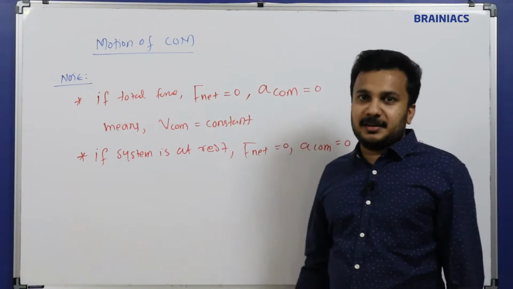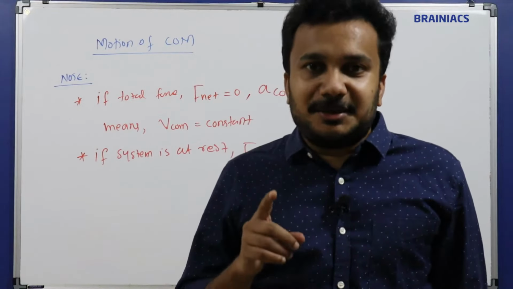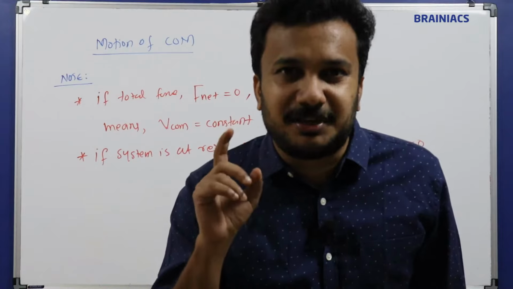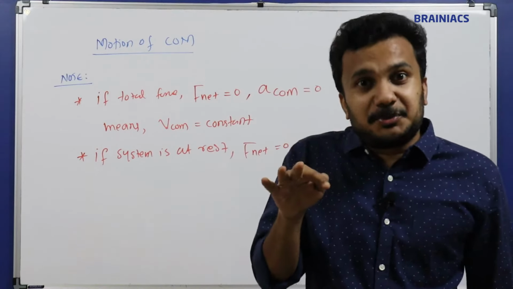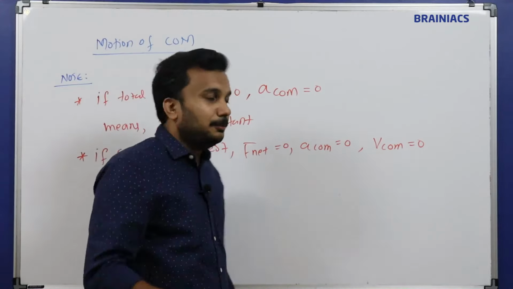But what about the second case? In the second case, total force on the system is equal to 0 and the system is initially at rest. Rest position means no acceleration, no speed change, it is not moving at all.